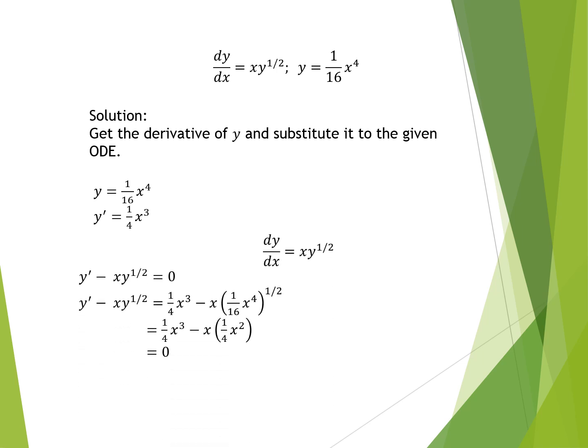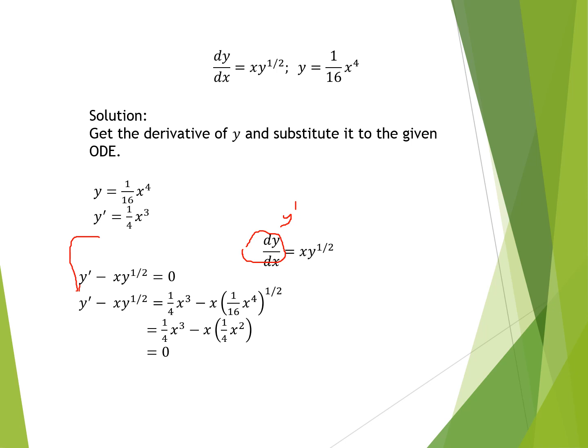Then let us substitute. The equation dy dx equals x y to the 1/2. Let us rewrite dy dx as y prime, so y prime minus x y to the 1/2 equals 0. Substitute 1/4 x cubed there.